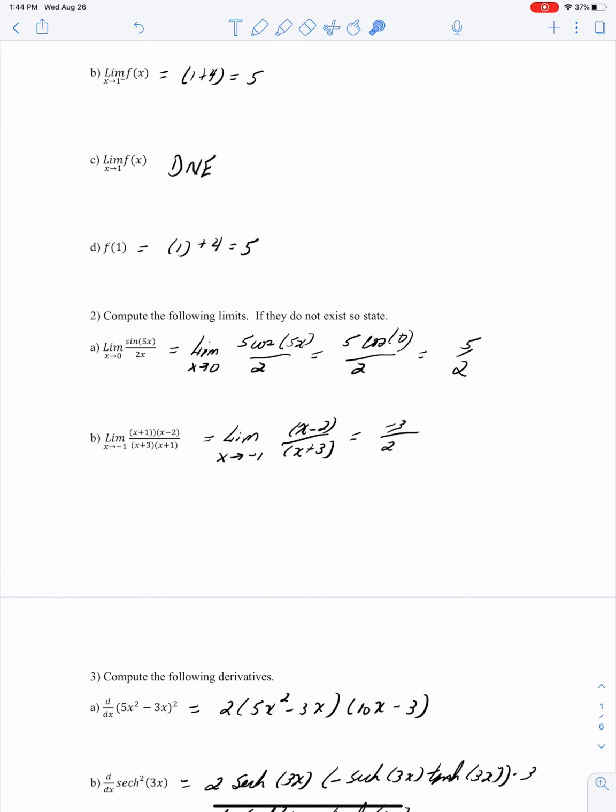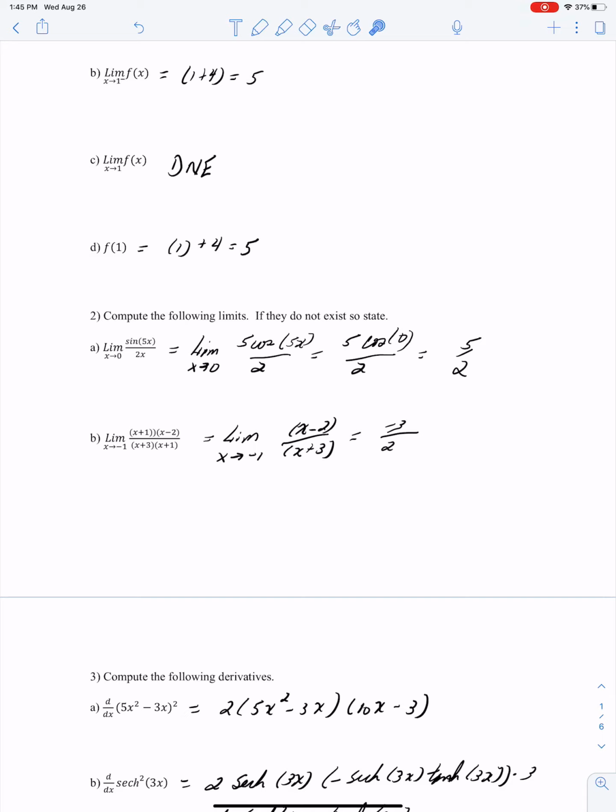Now let's compute some limits of some rational kinds of functions. Suppose I want the limit as x tends to 0 of sine 5x over 2x. Well, if I just plug in 0, I get 0 over 0, which I know is indeterminate form.